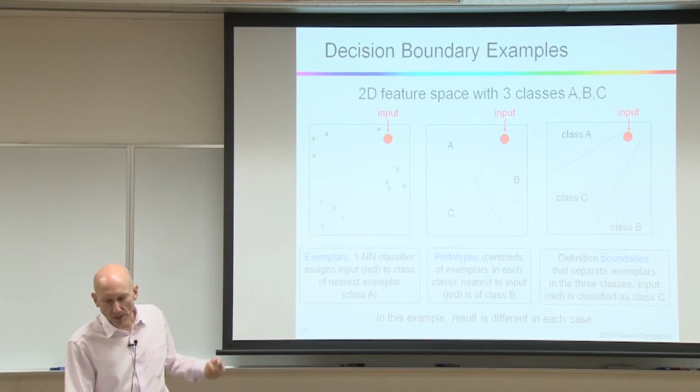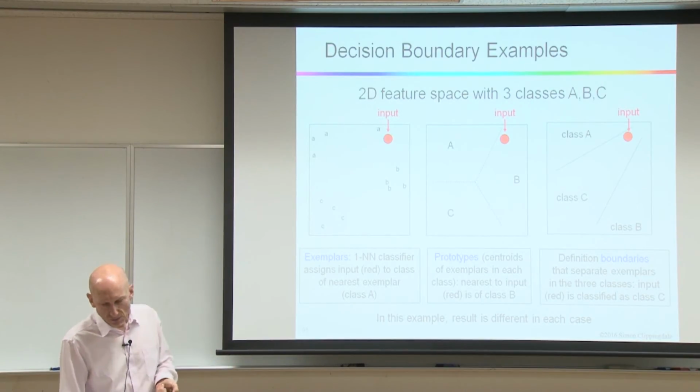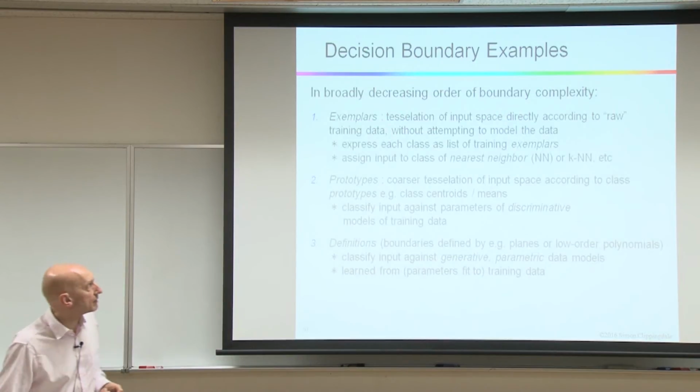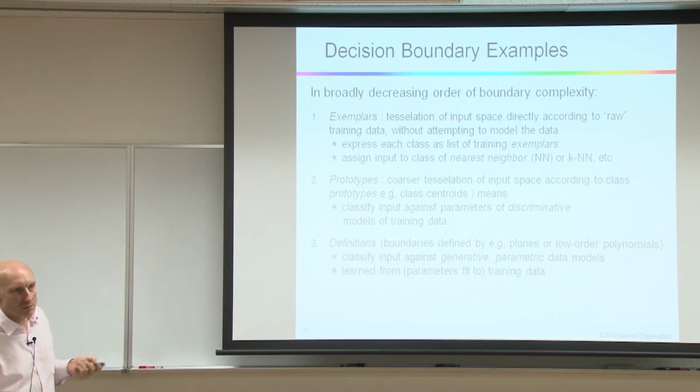So you have to think about what the statistics are of the data and which of these is going to be better. The exemplars is just using the raw training data, no attempt to model the data, just find the nearest one.